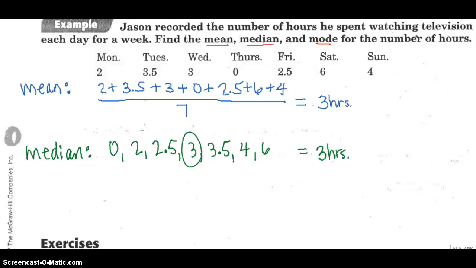All right, so last we need to find the mode, which is most often. What number occurs most often? Well, I'm not going to rewrite them. I have all the numbers listed right here, and not a single number appeared more than once. So we just simply say there is no mode.